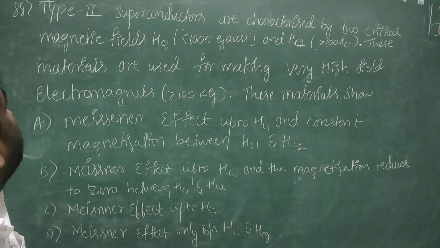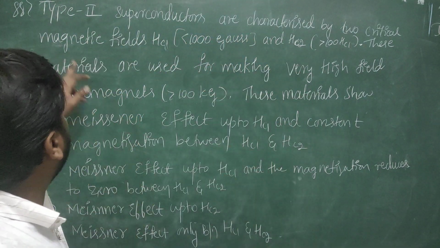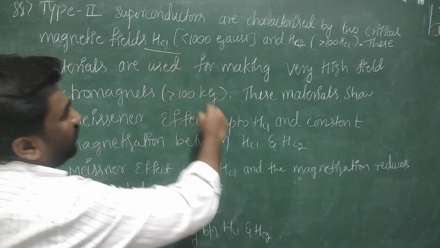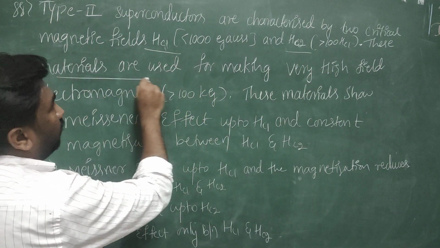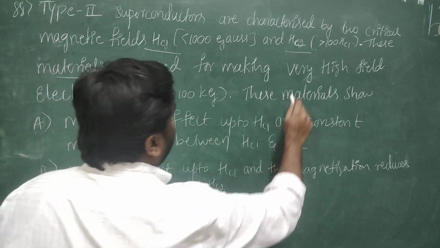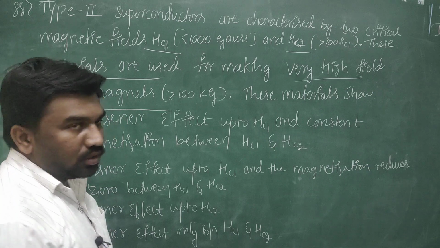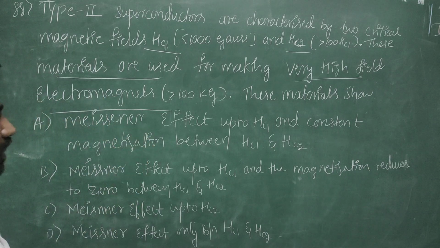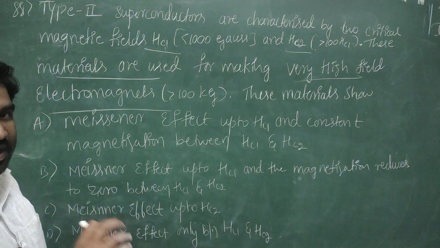So type 2 superconductors are characterized by two critical magnetic fields, Hc1 and Hc2. These materials are used for making very high field electromagnets, and this material shows Meissner effect up to Hc1 and constant magnetization between Hc1 and Hc2.